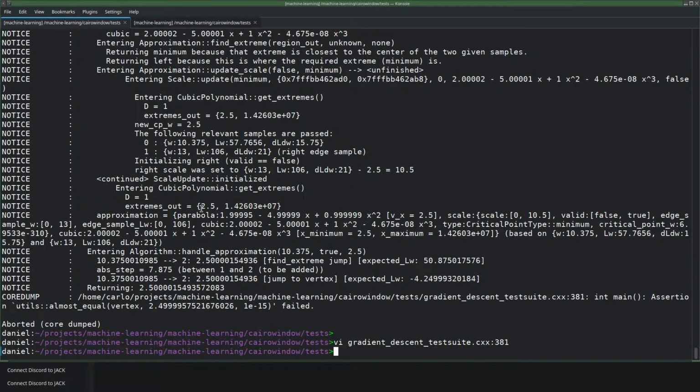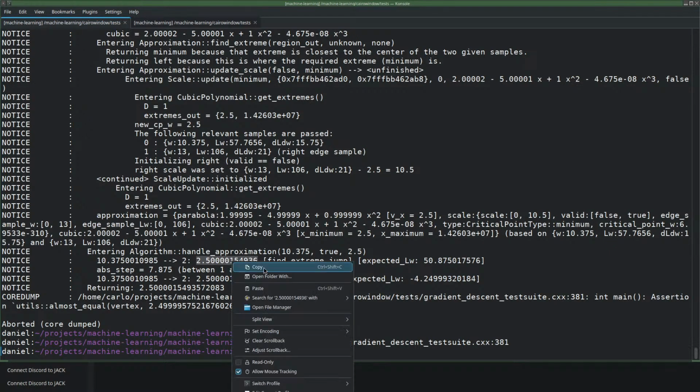Because it's not exactly 2.5. I don't have the full thing. Where's the value? I guess this is the value, right?